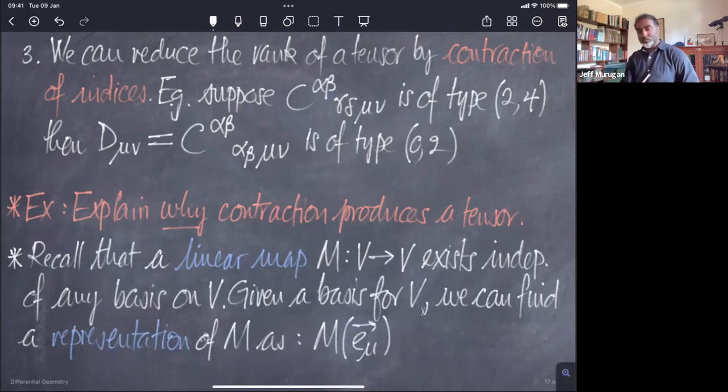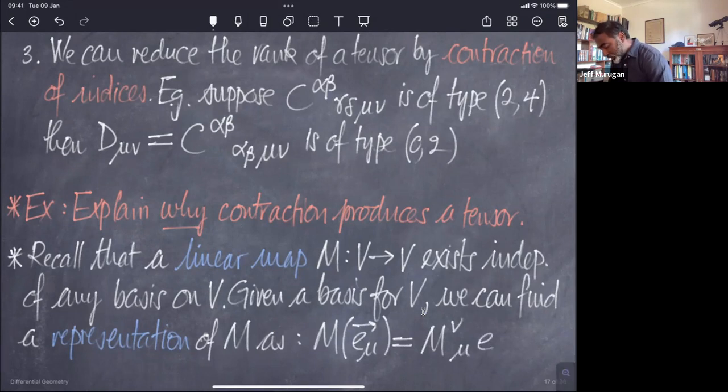Remember, M takes in vectors and produces vectors. So M acts on the basis vectors E mu to produce some linear combination, let's call it M nu mu E nu. So again, it takes vectors to vectors, producing a linear combination of the basis vectors E. And these numbers here, the M nu mu, are precisely a matrix that represents M in that basis.